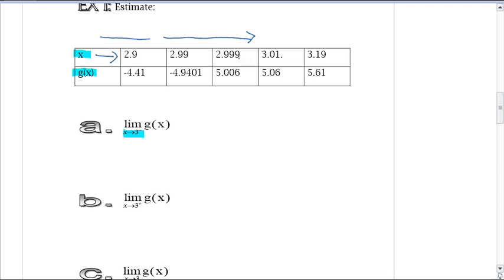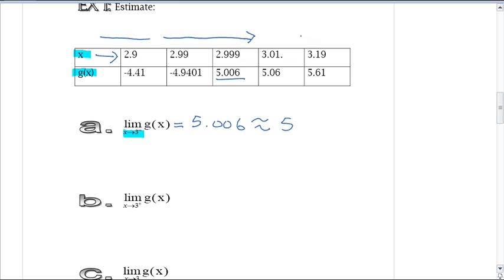So 2.999 is where I'm going to look, because this is the limit on the left, and I can look then at the y value, which is your g of x, and it looks to me like the left hand side is 5.006, which is approximately 5. Okay, let's take a look at the right hand side.